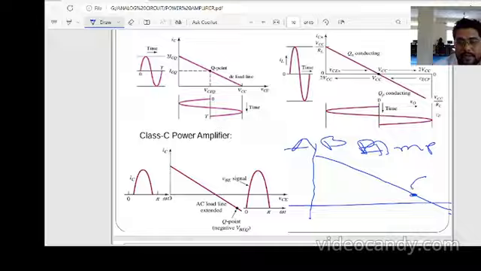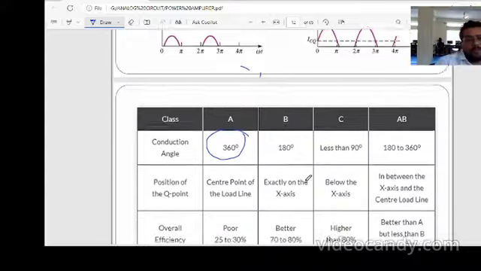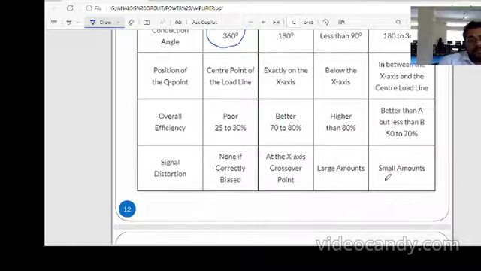Then overall efficiency: class A is poor, the efficiency is very low, up to 25 to 30%. Class B improves to 70 to 80%, class C is higher than 80%, and class AB is better than class A but less than 50 to 60%.